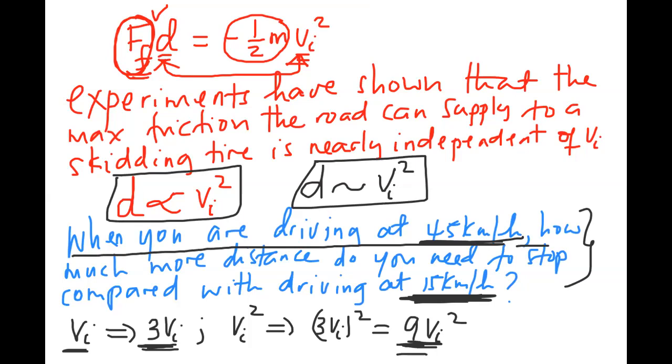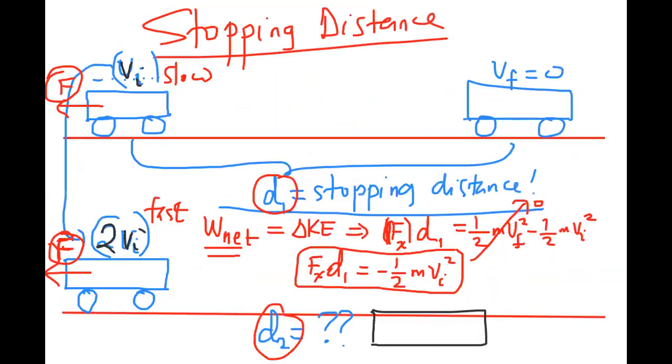So the question I will leave you with is this one, the question which is unanswered. When you are driving and if we double the speed, what would be the stopping distance? Let's say you were moving at V initial, maybe 15 kilometers per hour, then you come to a stop.